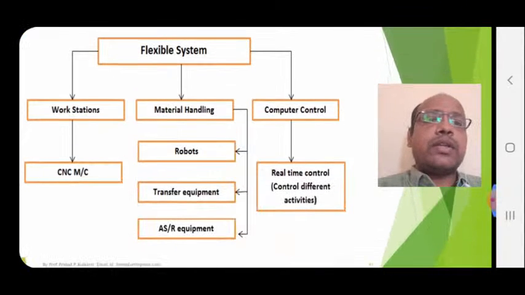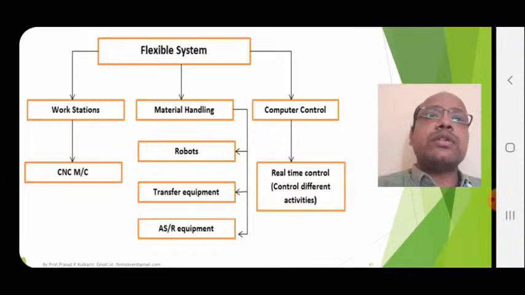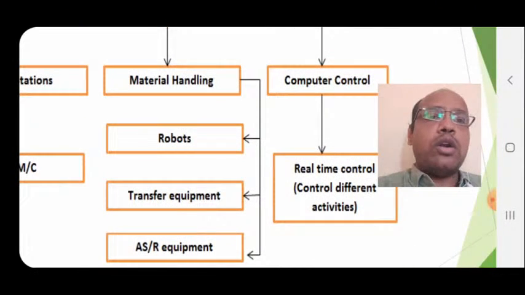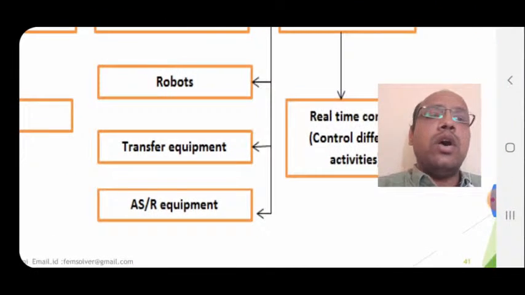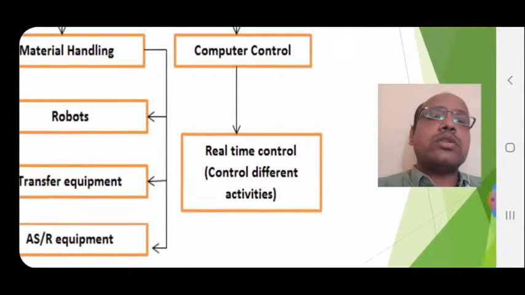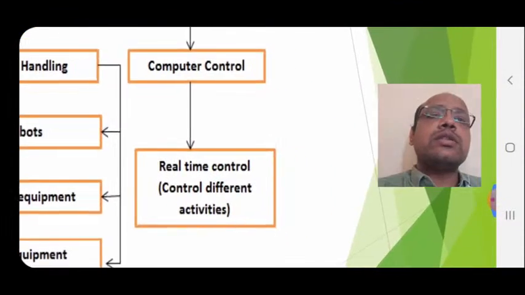The flexible manufacturing system basically has the following components. First one is the workstation. The workstation consists of CNC machines. Then the second part is material handling. Material handling is done by using robots, transfer equipment, or ASR equipment, automatic robots or automatic guided vehicles.